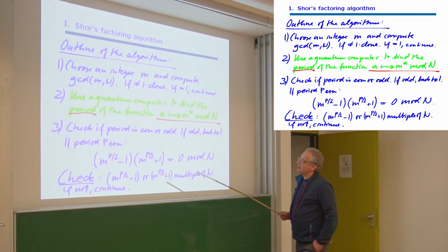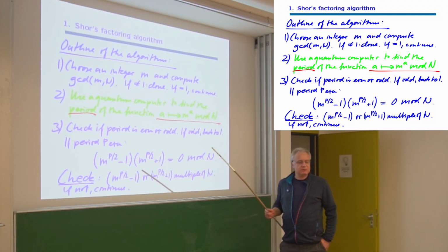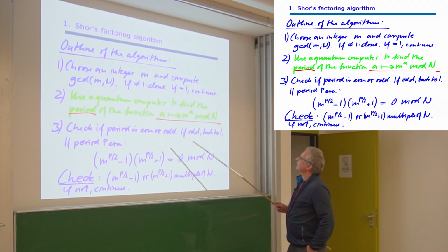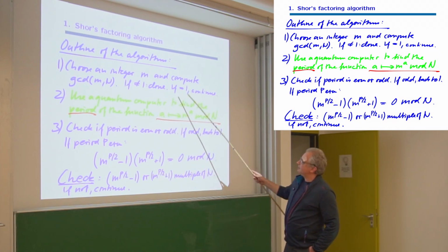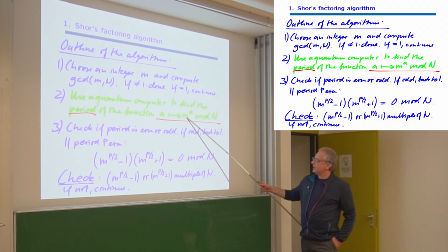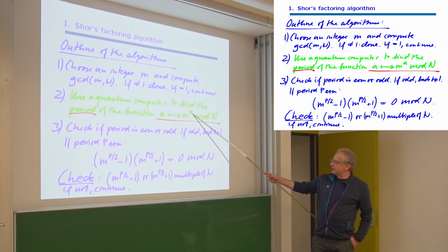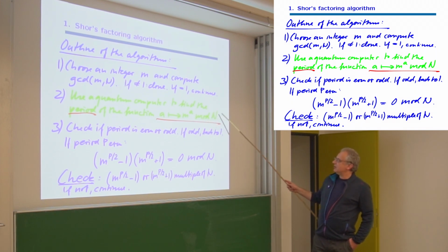Next is the step that we will do quantum mechanically. We use a quantum computer to find the period of this function. What this function does is take the random integer that we have chosen, exponentiate it with the argument, and then look at this whole expression modulo n.